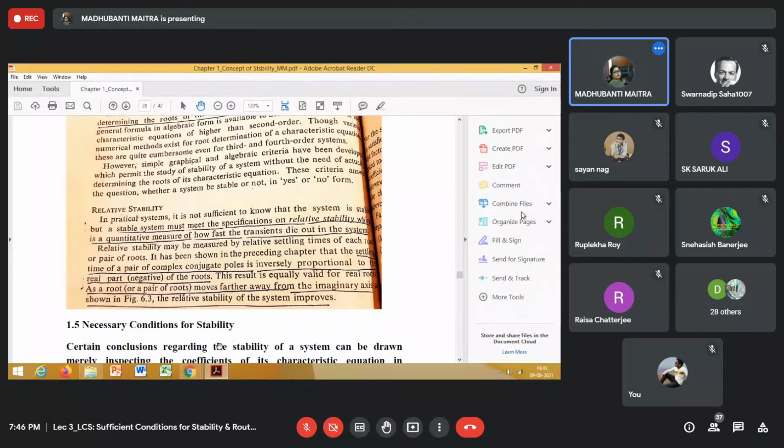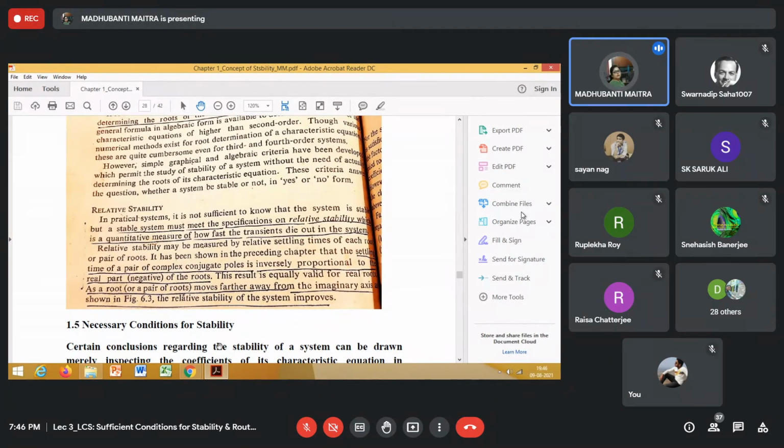So tell me, all of you who are present in the class, please unmute your device one at a time and try to answer this question. Again, I am repeating the question. We have already studied a few relative stability measures with the help of which we can find out the degree of stability of a system, or compare the degree of stability of two systems.